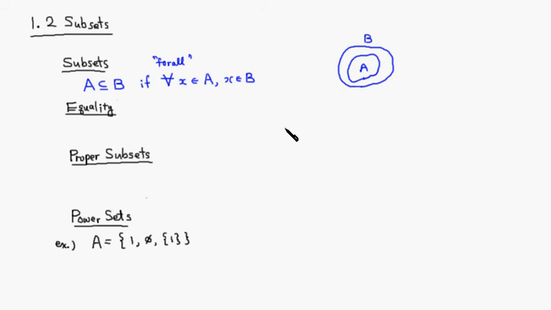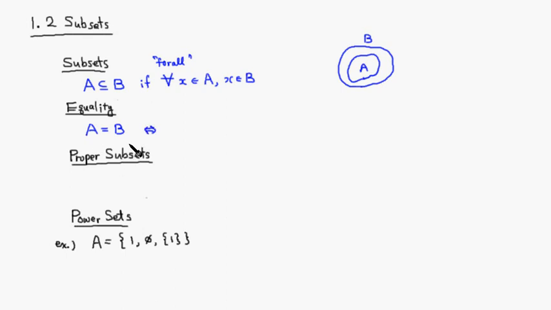All right. Then equality. So the notation is of course set A is equal to set B, right? And you can define equality using subset.